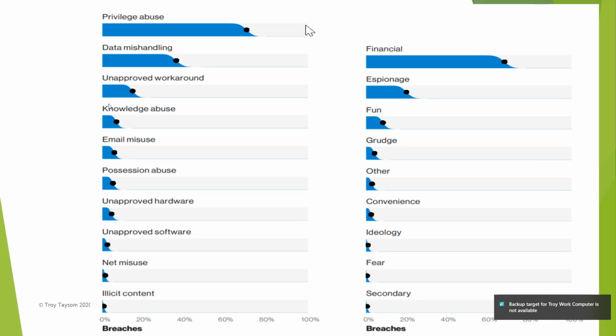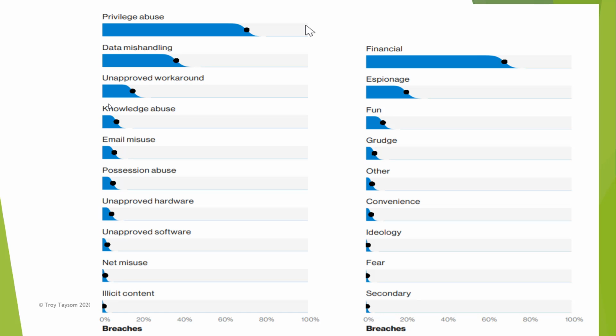Sometimes that's the best that you can do because a problem may require so much effort that it's not worth it for the benefit you get if you do solve it. However, if you are going to do a workaround, you need to make sure that number one, supervisors sign off on it, and number two, that you make sure that that workaround doesn't open up a new security flaw.